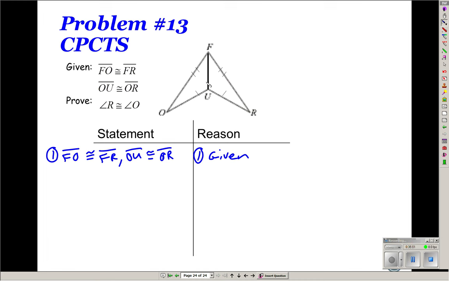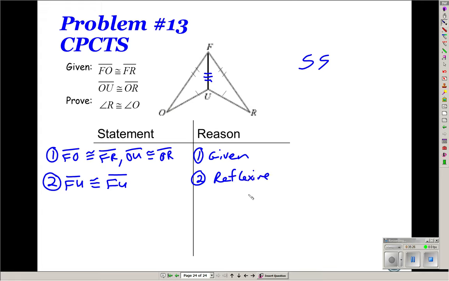Now I've got two pairs of sides. SS is not enough. What else do you know? Well, they share a side in the middle, so let's use that. Segment FU is congruent to segment FU, and that is because of the reflexive property. Now I have a third pair of sides.